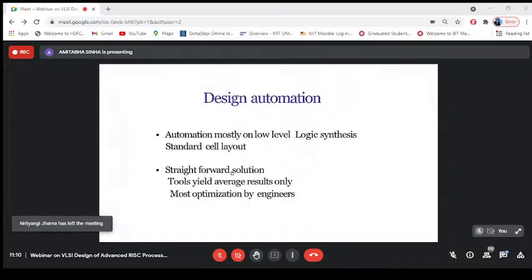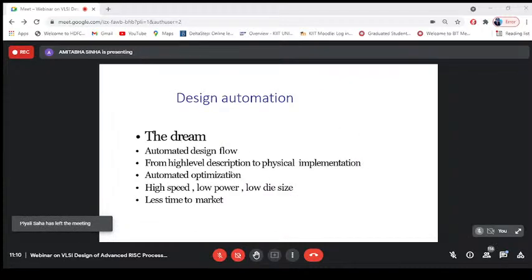So design automation, mostly on low-level logic synthesis, standard cell layout, is the straightforward solution. What standard cell layouts are, we'll be discussing subsequently. Our dream is basically a totally automated design flow, from high-level description to physical implementation.